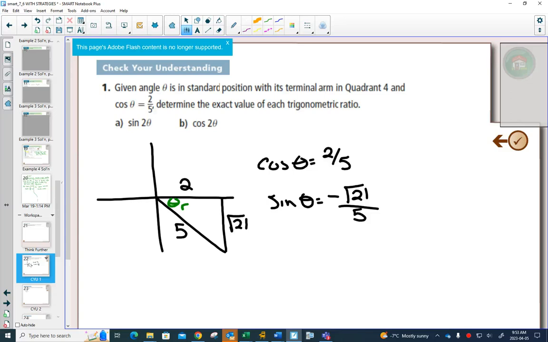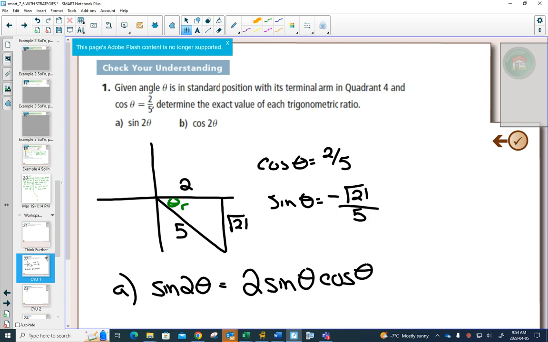In part A, we're asked to find sine of 2 theta. Once again, the only thing you're going to be able to do with these 2's inside of sine is to use one of your formulas. The formula says that sine of 2 theta is equal to 2 sine theta cos theta.